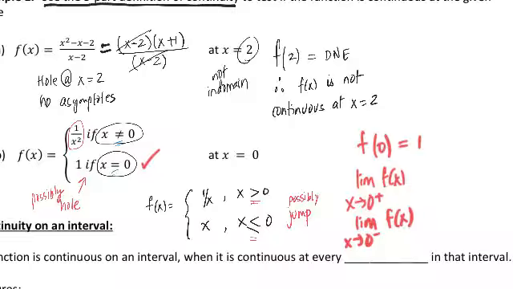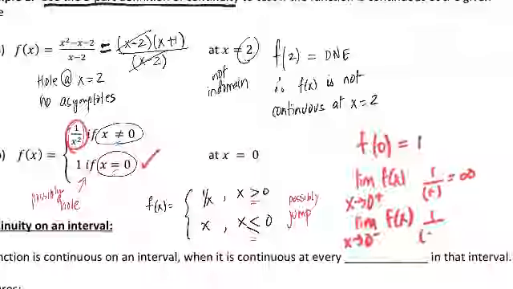In both cases, we can see that we basically have a vertical asymptote here, because you cannot put in 0 into that, so direct substitution doesn't work. As x comes in from the right, you have this situation, and as x comes in from the left to 0, you have this situation. So we've got a vertical asymptote situation, which is clearly a discontinuity.